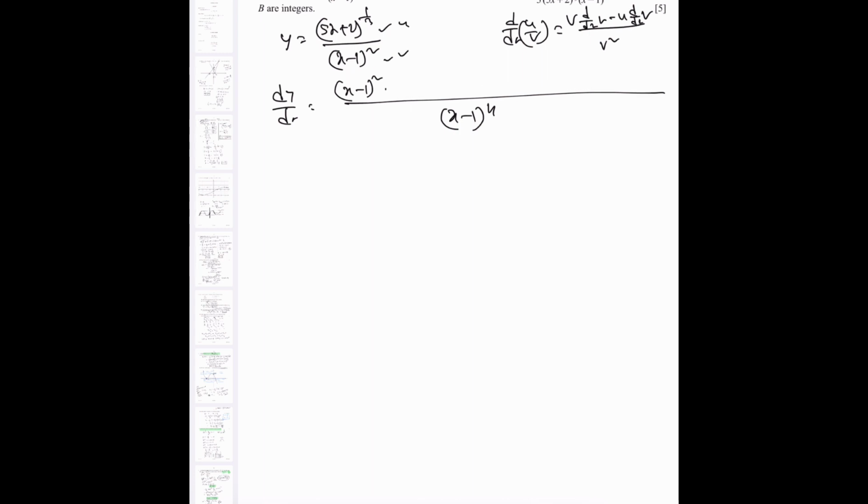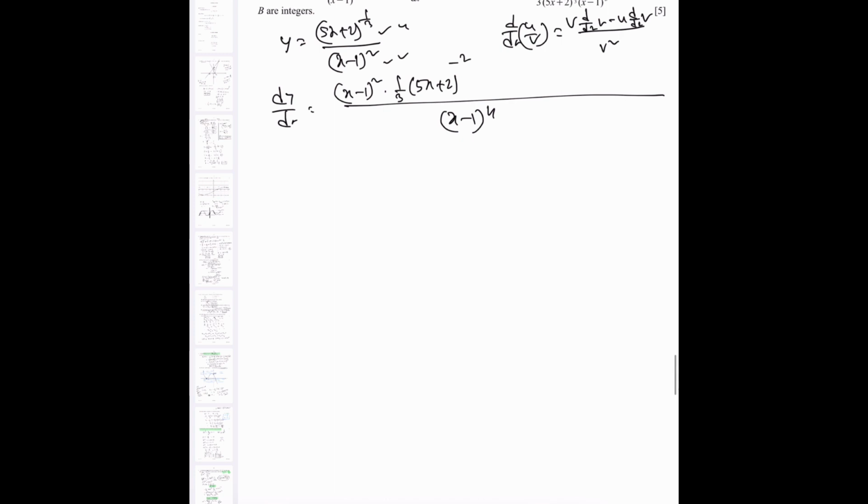So 1 by 3 (5x plus 2) to the power 1 by 3 minus 1, minus 2 by 3, and the chain rule must be applied, so 5 will remain, minus (5x plus 2) to the power 1 by 3 and (x minus 1) whole squared differentiated, so 2(x minus 1).